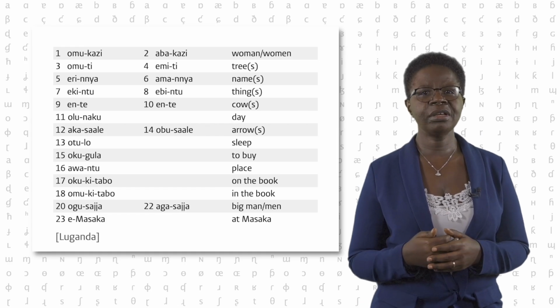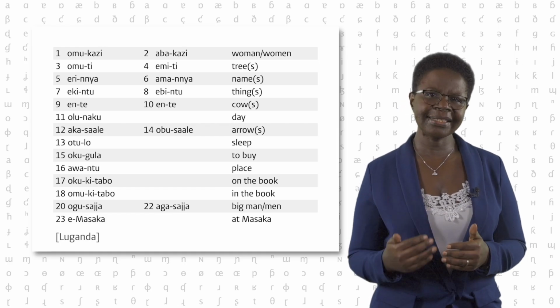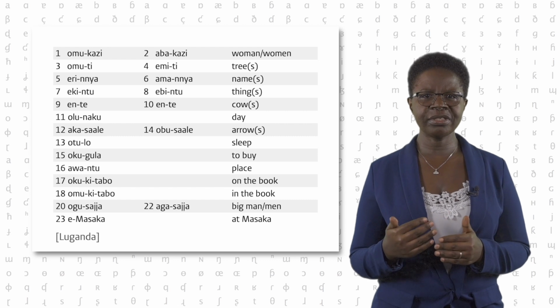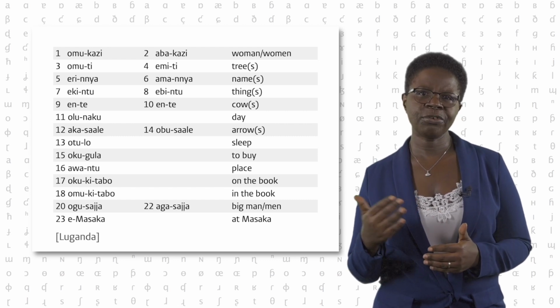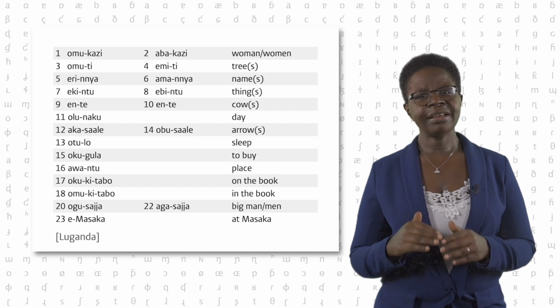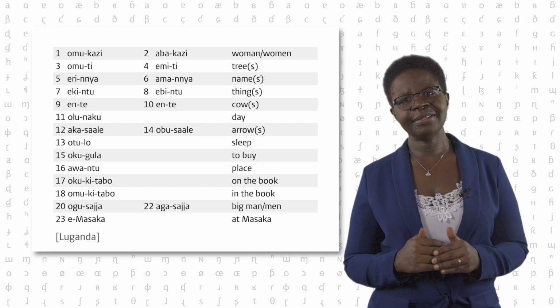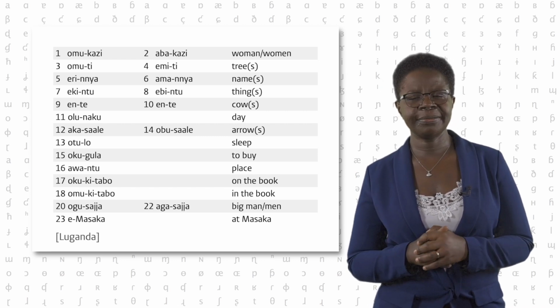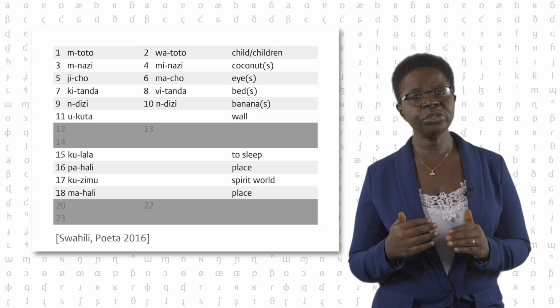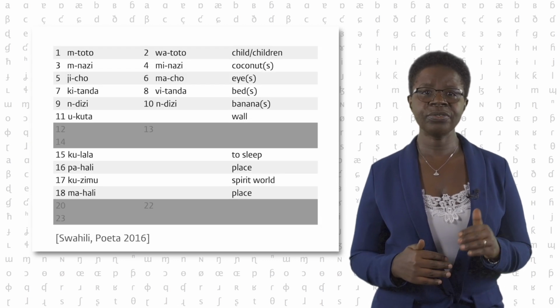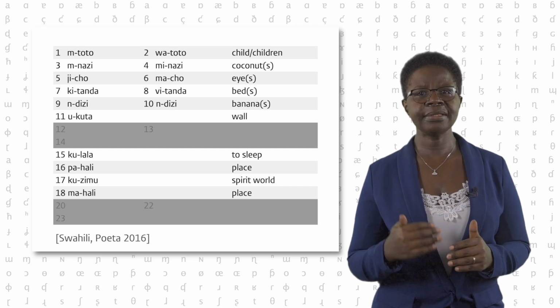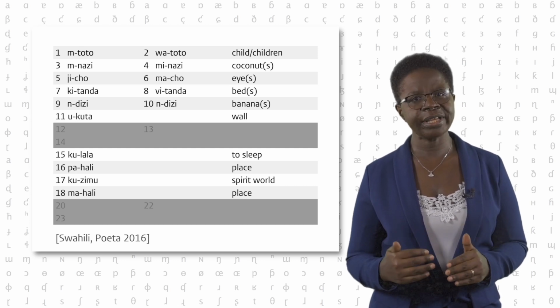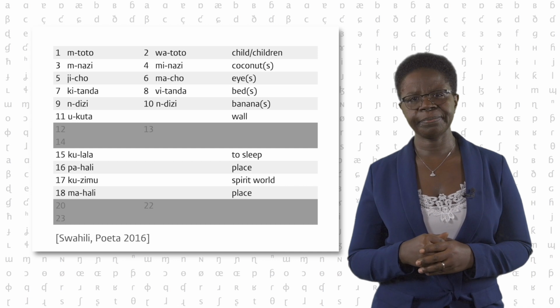In this system, from class 1 to at least class 10, odd numbers are used for the singular nouns, while the even numbers are for plural nouns. Luganda has a very rich system of noun classes with 21 noun classes. But even when not all classes are present, like in Swahili, we still use the same numbers. 16, 17, and 18 are always the locative classes.